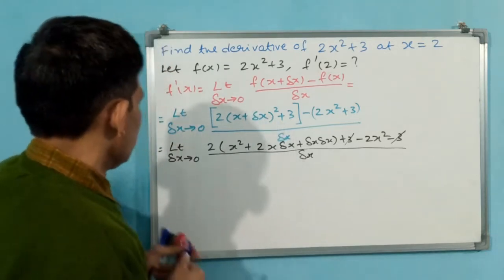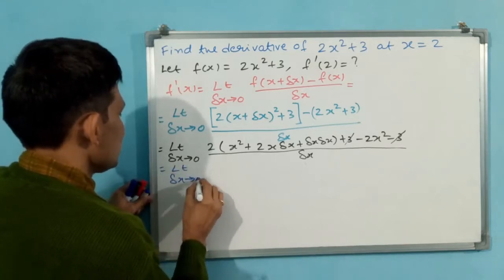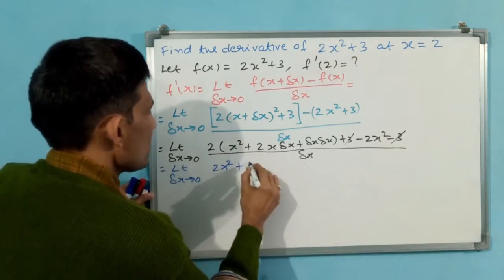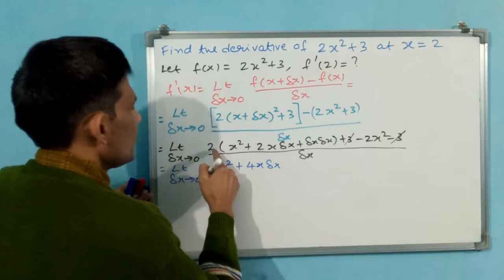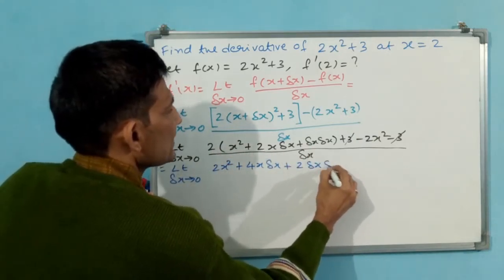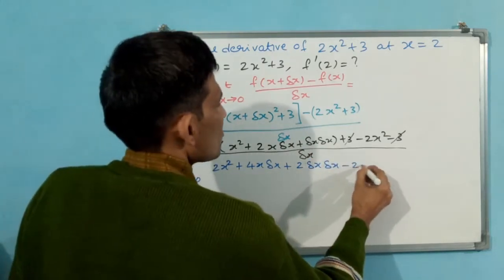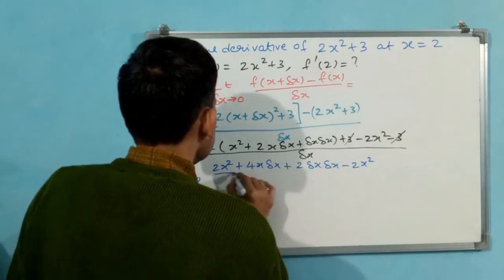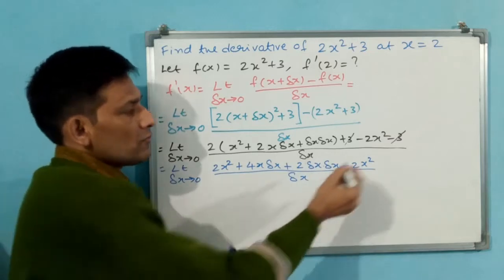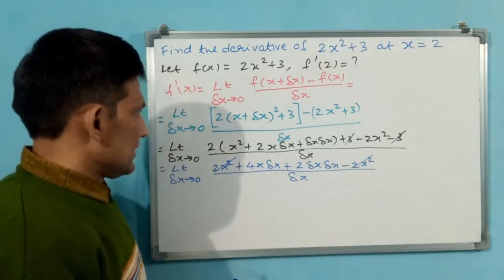Now you see, that is equal to limit delta x tends to 0, 2x square plus 4x delta x, 2 into 2, 4x delta x plus 2 delta x into delta x, minus 2x square. Now 2x square are going to get cancelled, divided by delta x.